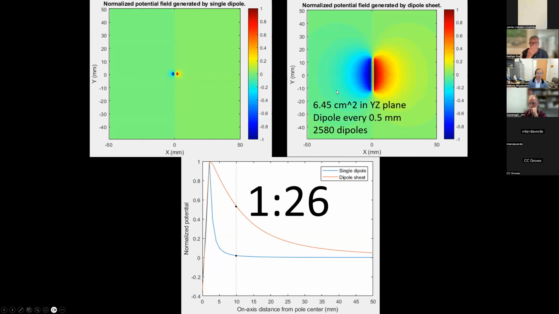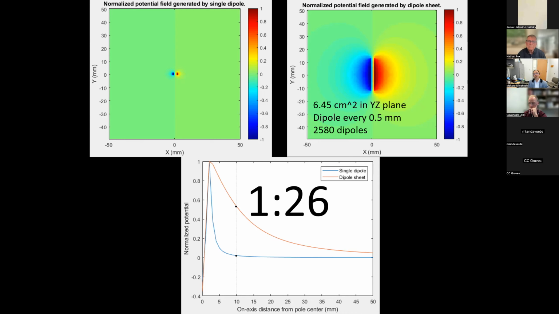Then, with this much dipole layer, again a number suggested by Nunez and Srinivasan, the dipole sheet has 26 times less distance-dependent attenuation. So this is a very important generative model of the EEG.